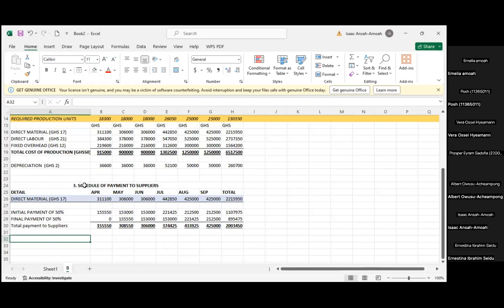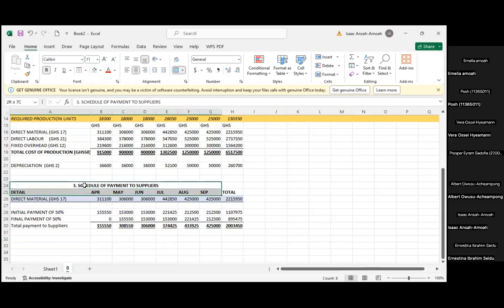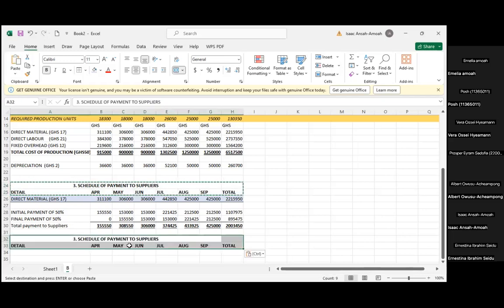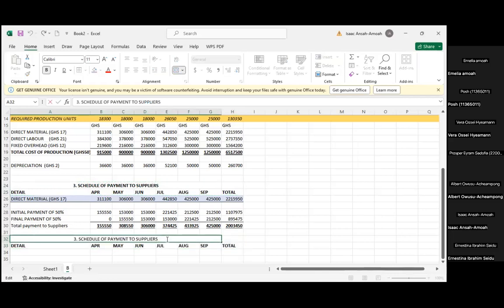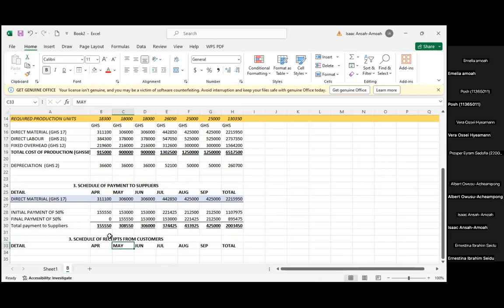So we're trying to do the fourth requirement, which is schedule of receipt from customers. At what point in time have we engaged with customers?